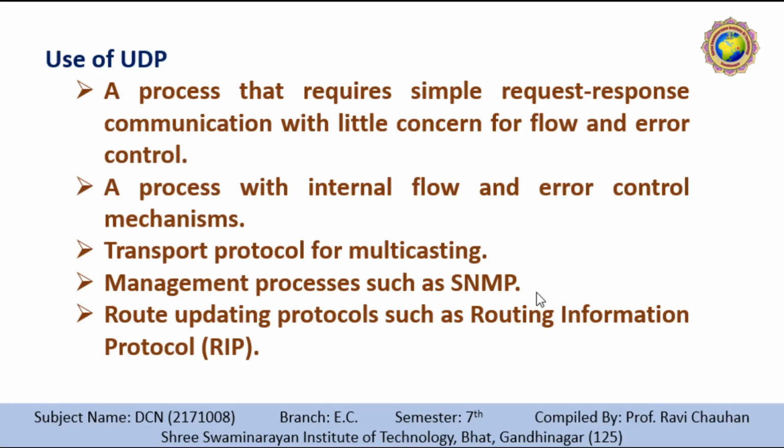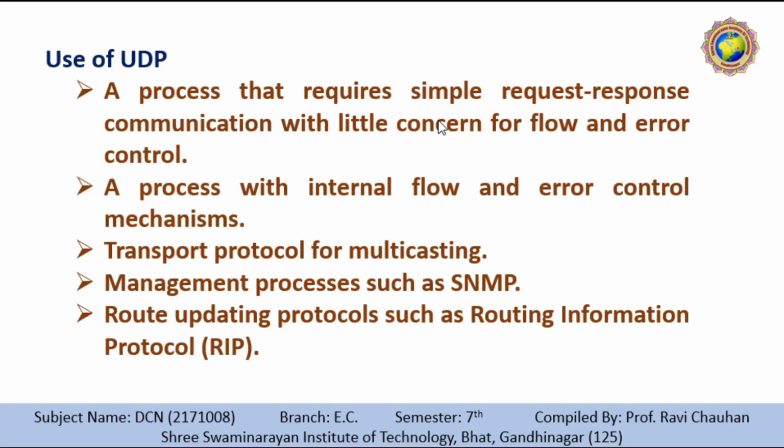The last point of today's discussion is the use of UDP. The following is a list of some uses of the UDP protocol. UDP is suitable for a process that requires simple request and response communication with little concern for flow and error control.